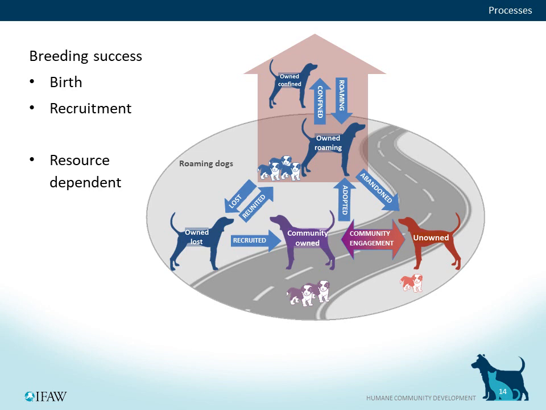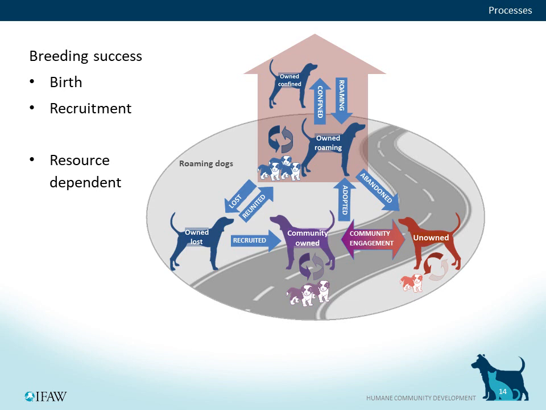And then we have these processes relating to breeding success. First of all, birth, and then the process of recruitment, when puppies survive to adulthood and join the breeding population themselves. It's important to note that these processes will not be the same for every dog. They will depend very much on available resources, and some dog states will on average be more successful breeders than others.